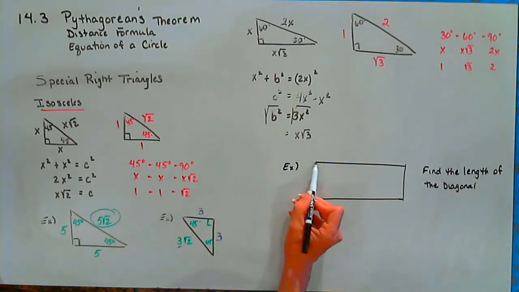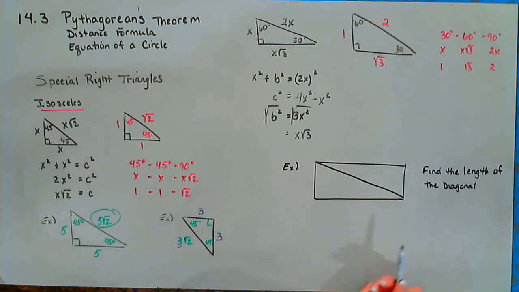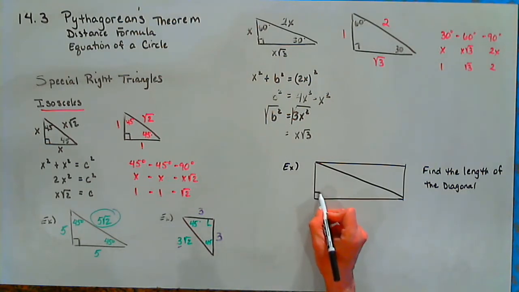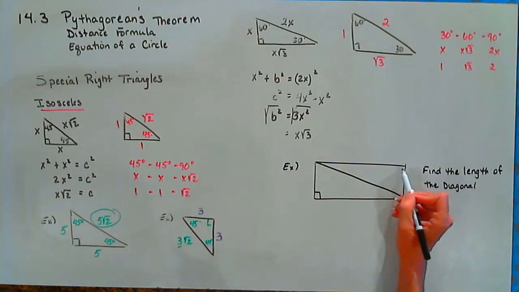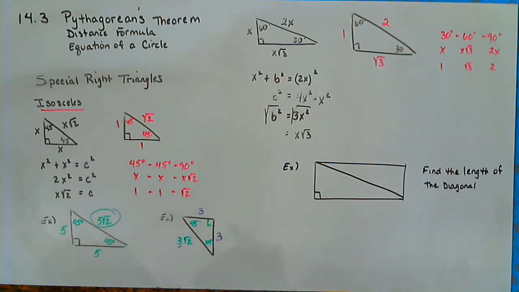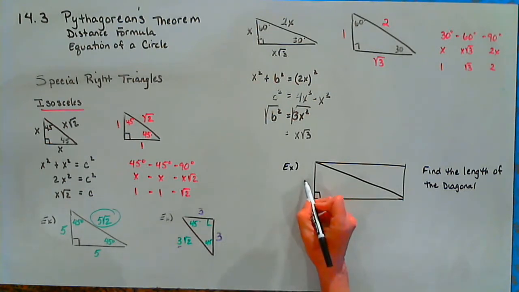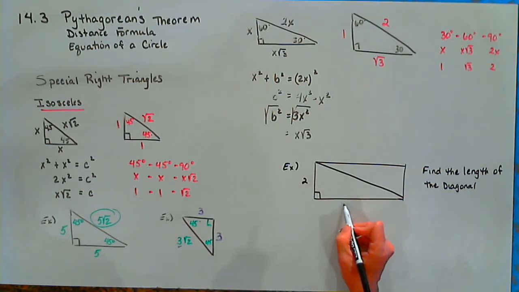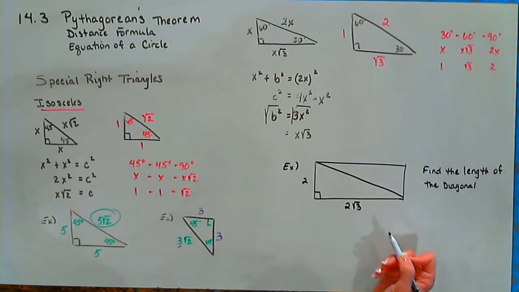So I'm just going to draw, I'm just freestyling it, draw that diagonal in. And I am going to tell you that here's my right angle. Of course, they're all right angles because it's a rectangle. I'm going to tell you that this height is 2 and this base is 2 root 3.